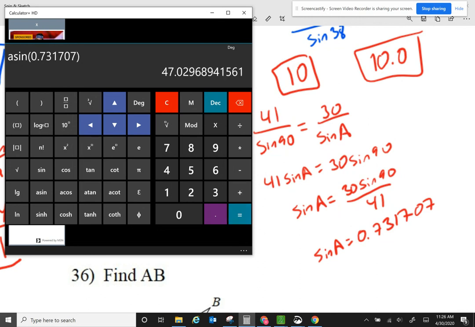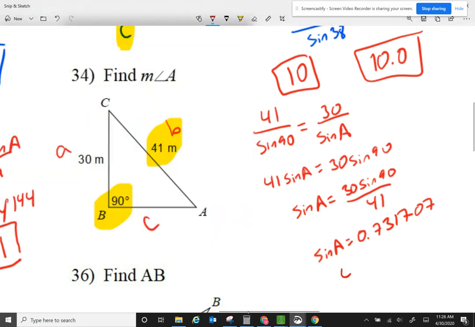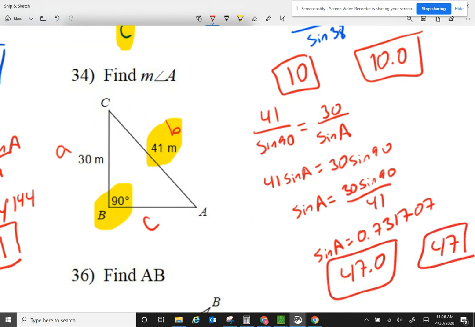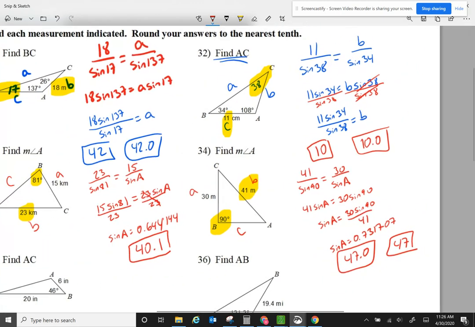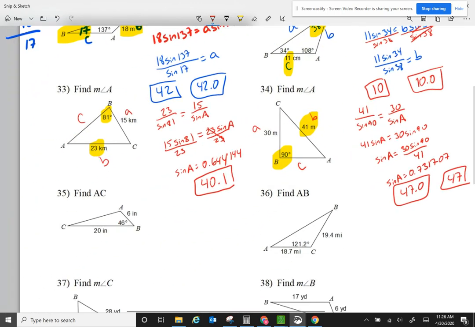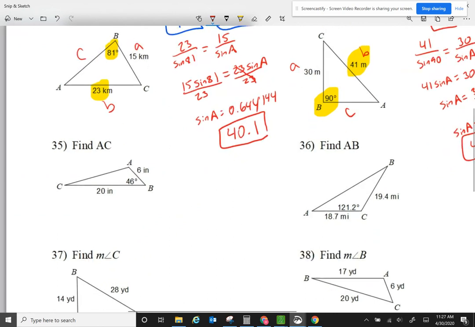I have to round it to one decimal place. 47.0. When it's 0.0, it's okay if you just write 47. Not hard. Let's take a look at example number 35.